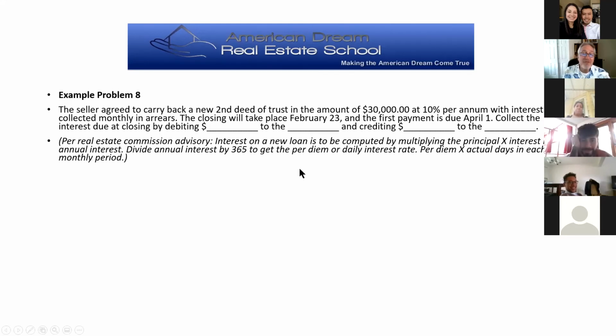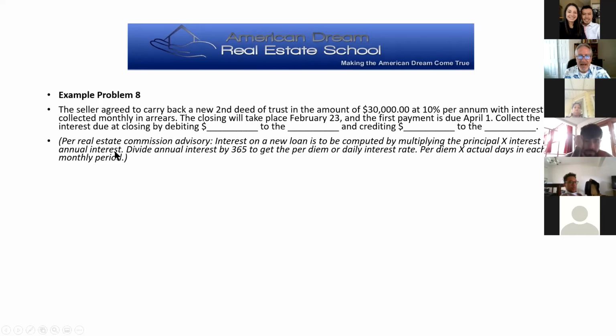Okay. Now here's the formula for this, though. The formula is different than an assumption. The formula when you're doing a new loan, and this is in essence a new loan, and the seller carries back, it's the same kind of calculation as if you're getting a purchase money mortgage from a lender, bringing new money into the transaction. So here's the formula. You take the principal times the interest rate to get the annual interest.